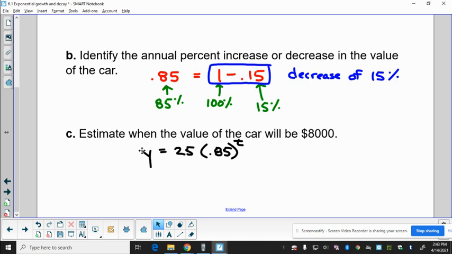Okay, so now I want to estimate when this car will be about $8,000. So I think what I'm going to do is, I cannot solve that equation. We do not have the ability to solve an equation that is exponential at this point, but we will soon. Let's put this into Desmos.